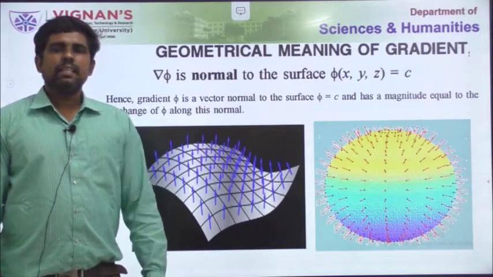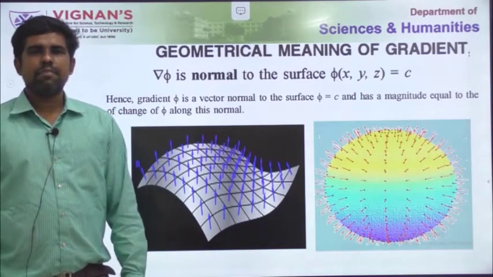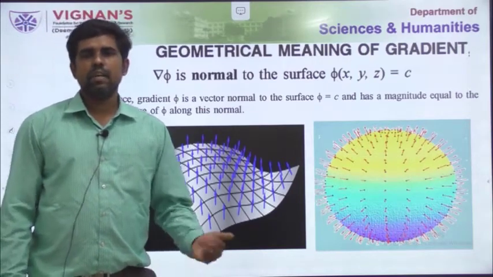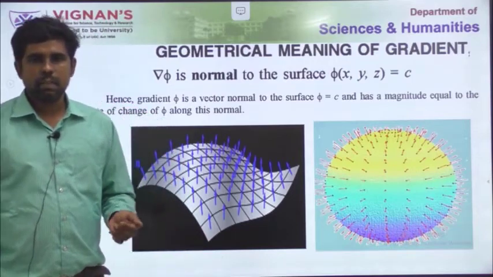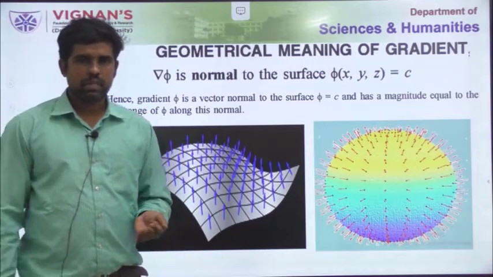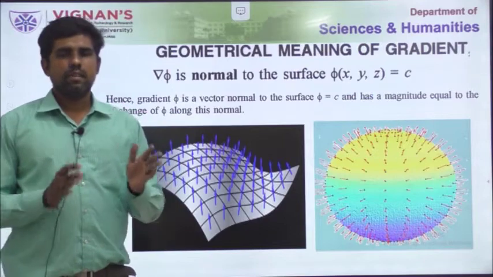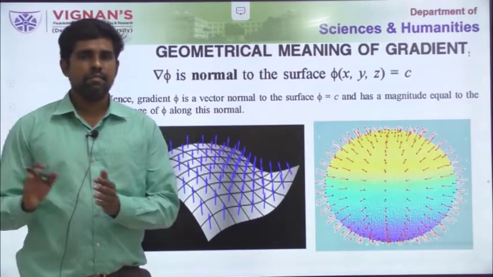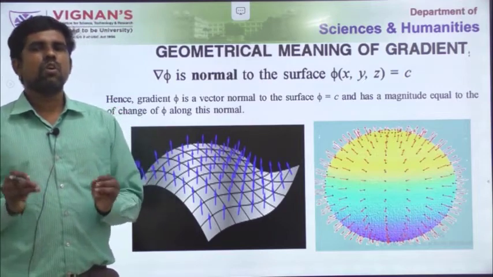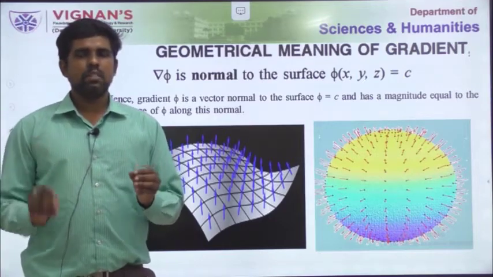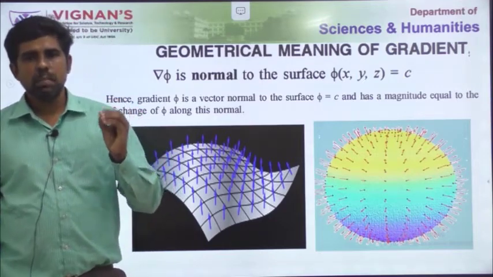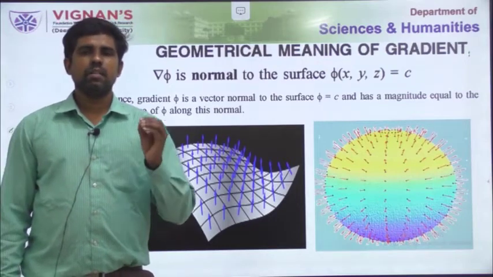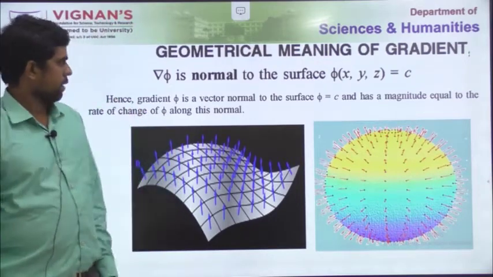Now let us see the geometrical meaning of gradient. Whatever mathematical notation, whatever mathematical operator we are using, definitely we are going to use it in real-time applications also, in the real world. So we should know at least at a minimum level what the meaning of that gradient is, what the meaning of that del operator is.